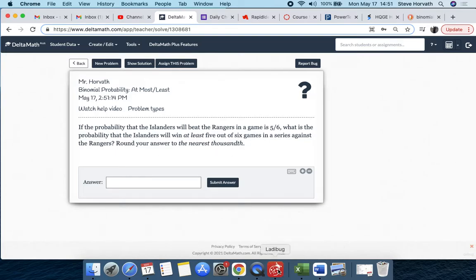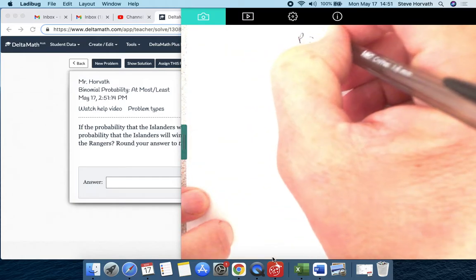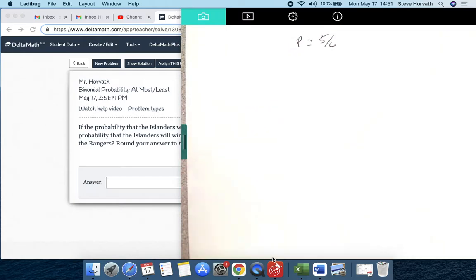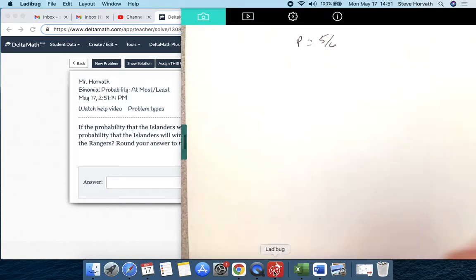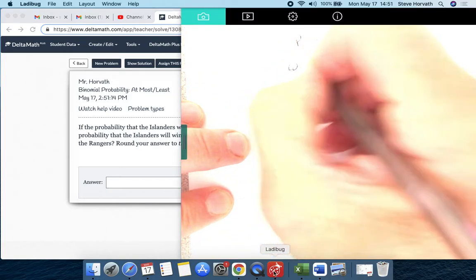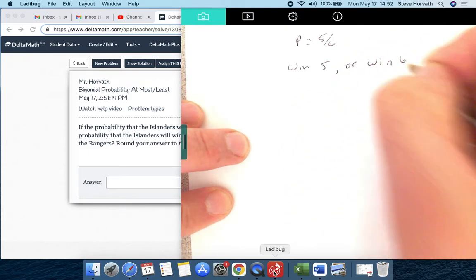All right, so let's first look at what we were doing before. Our probability is 5 out of 6, and we want 5 out of 6 games. If they win 5 out of 6, that means they could win 5 or they could win 6.